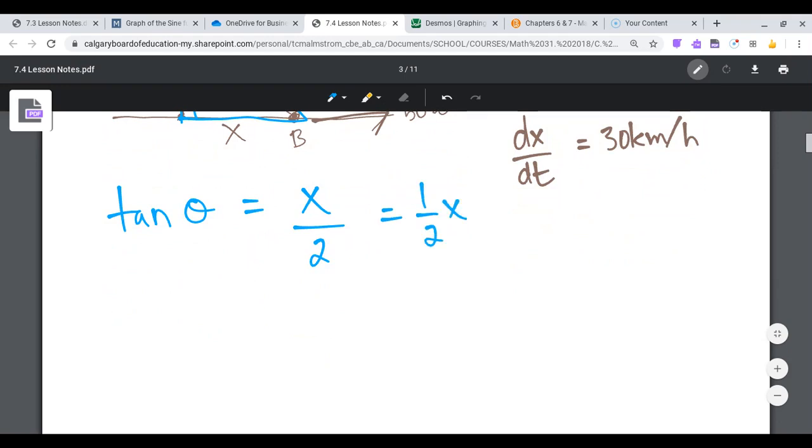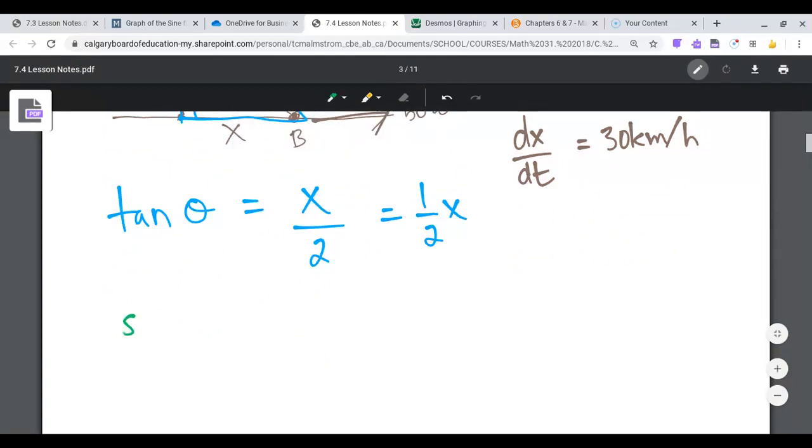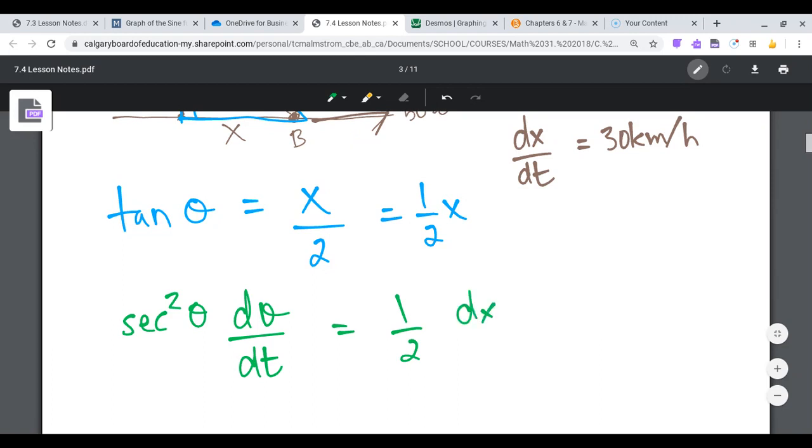This is what I want to take the derivative of. So the derivative of tan, remember we're doing this with respect to time, would be secant squared theta d theta dt is equal to 1/2 times the derivative of x, which would be 1/2 dx dt.